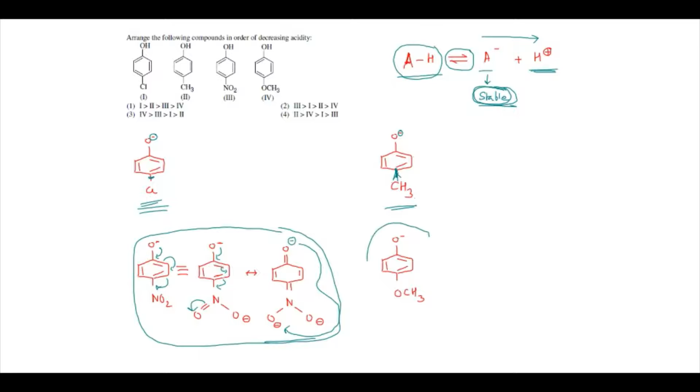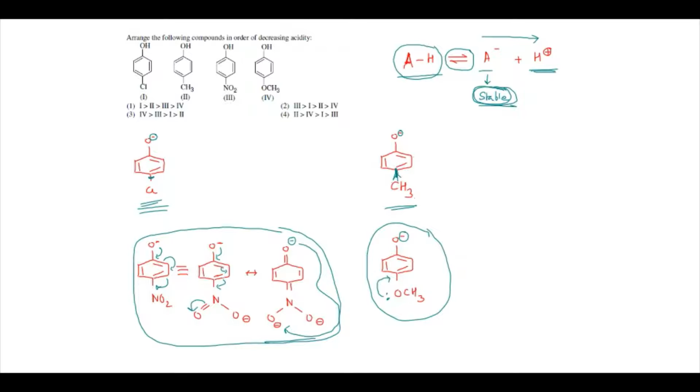Now, the next one, in this case we have an electron pair over the oxygen, but this is not going to withdraw the electron from the negative charge, rather it will push this electron pair towards the benzene ring. That means it will increase the electron density within the benzene ring itself.